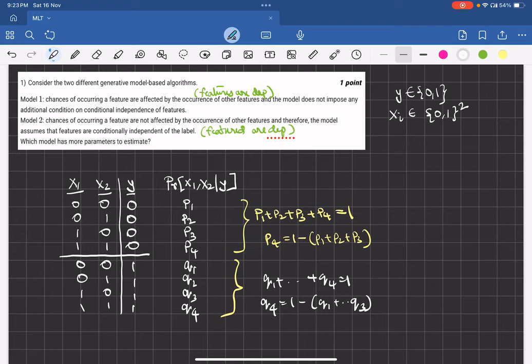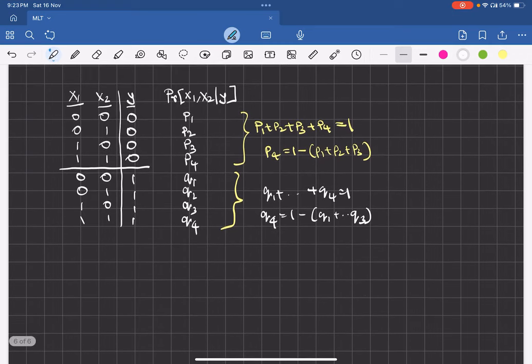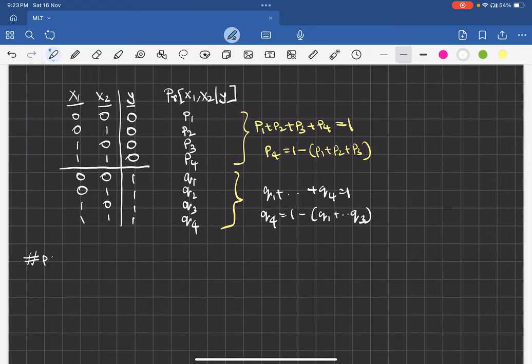Okay, let me write that down. The number of parameters to be estimated is equal to 4 minus 1 plus 4 minus 1. That's how we obtained it. Now, how did we get 4?